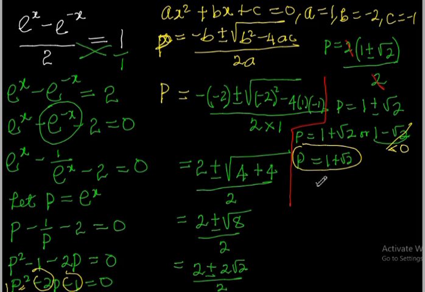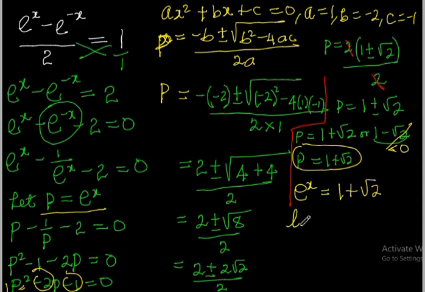But let's recall that from this place p equals e^x. So in that case, e^x equals 1 plus root 2. But we're looking for the value of x, so we have to take the natural logarithm of both sides.